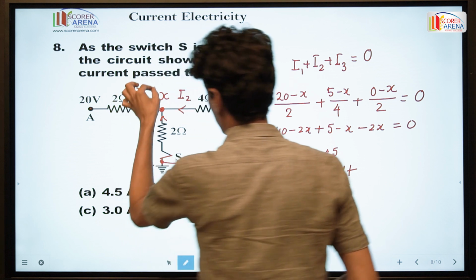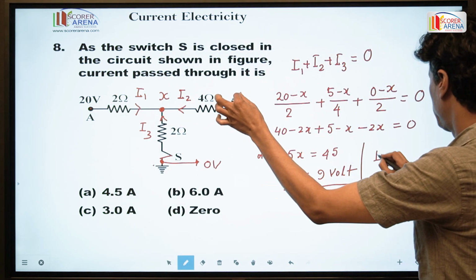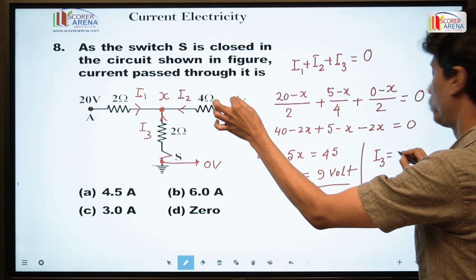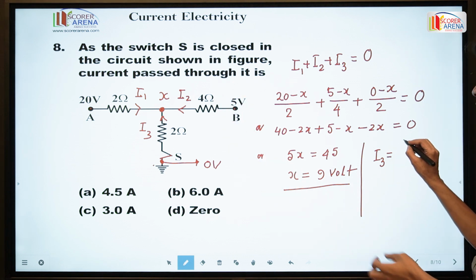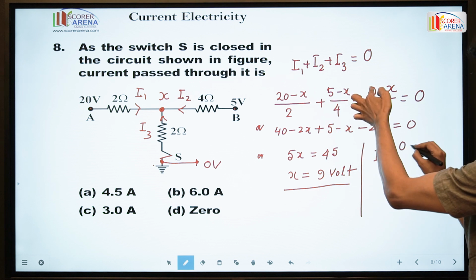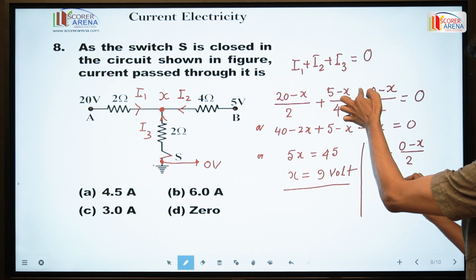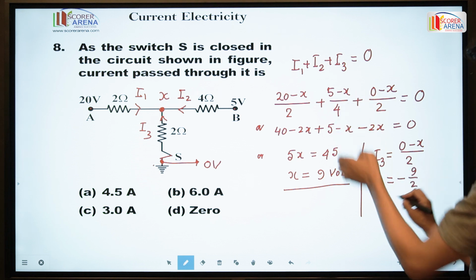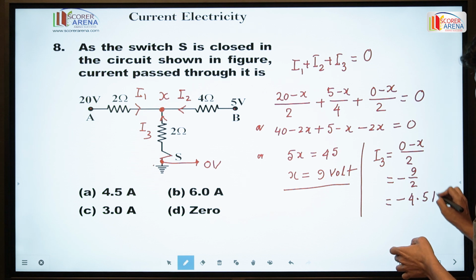Question is asked, what is the current through this branch? So I3 is equal to (0 minus x) by 2, so it is minus 9 by 2, which is equal to minus 4.5 ampere.